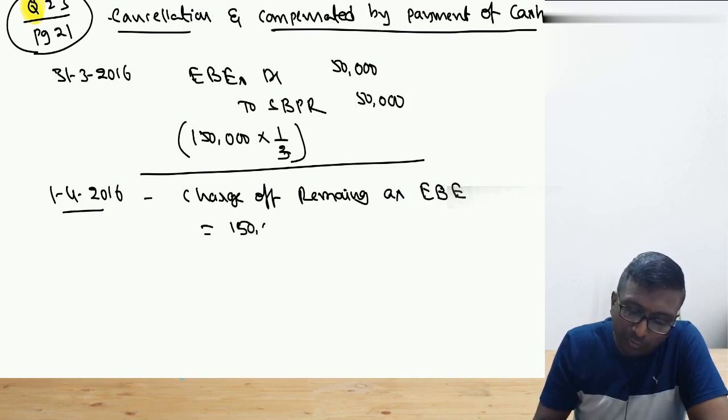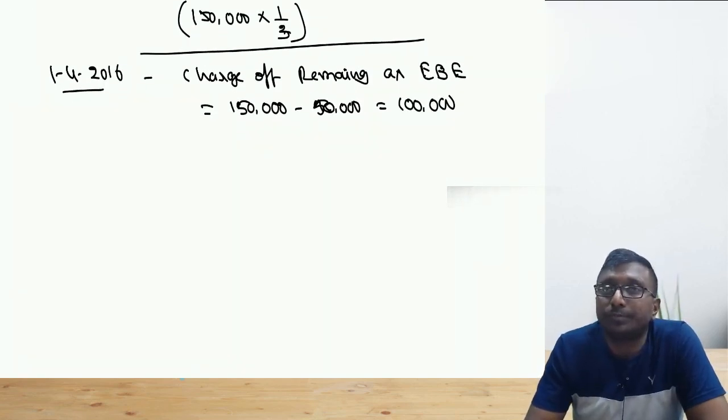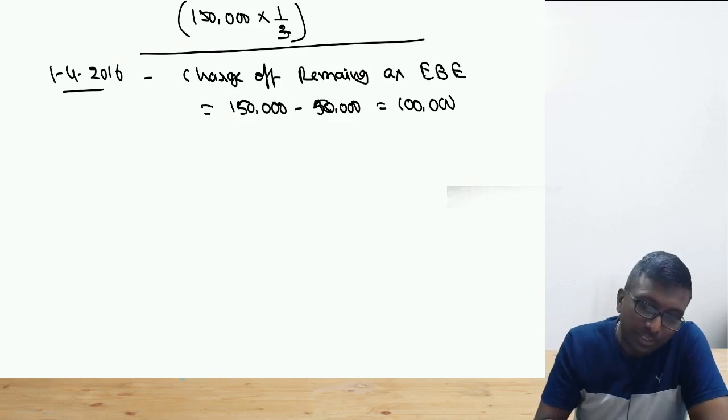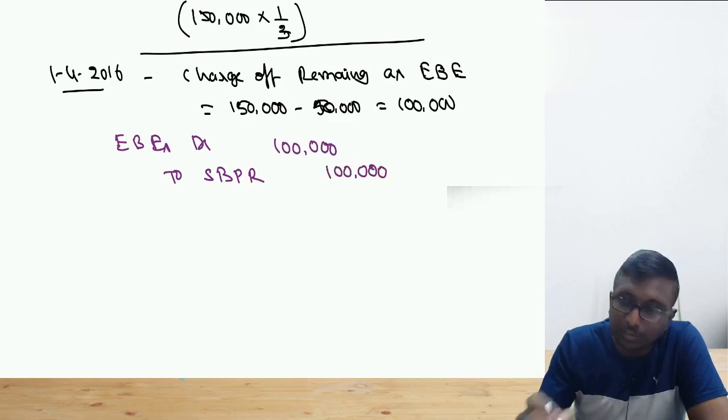Total worth is 1,50,000 minus already you charged off in the last year, 50,000. So 1 lakh rupees should be charged off now. Journal entry: Employee benefit expense account debit to SBPR, 1 lakh.